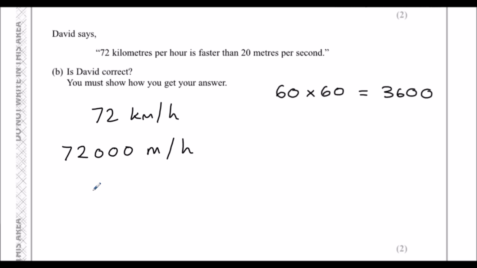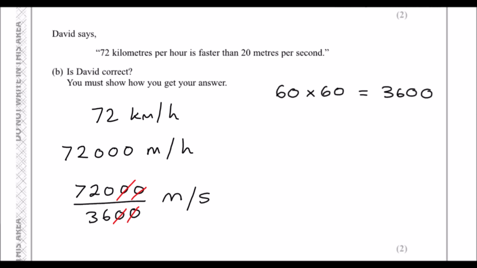So if we're going 72,000 meters in an hour, to find out how far we go each second, we need to divide by 3,600. Divided by 3,600, and that will be meters in a second. Divide top and bottom by 10, and by 10 again. How many 36s go into 72?